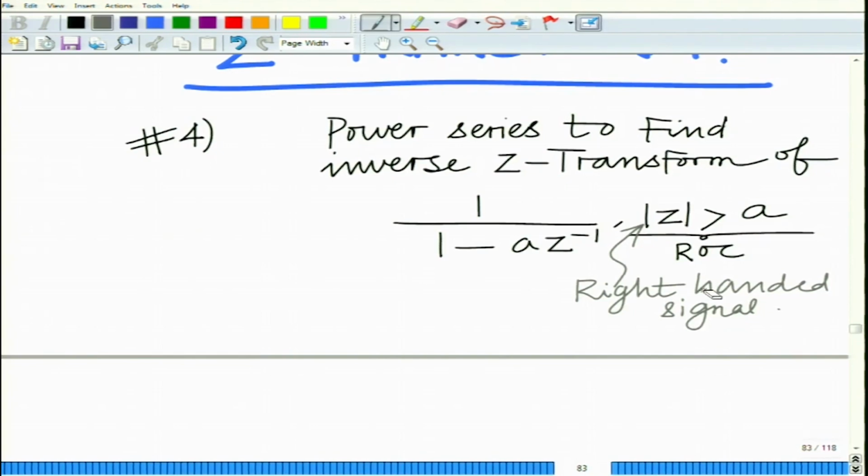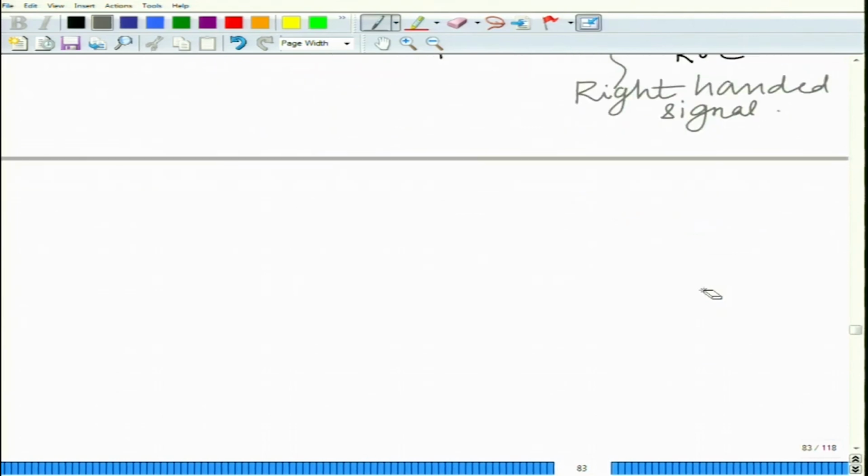Now, to use the power series approach, we look at the numerator, which is 1, and divide it by the denominator, similar to long division, that is 1 minus A Z inverse.